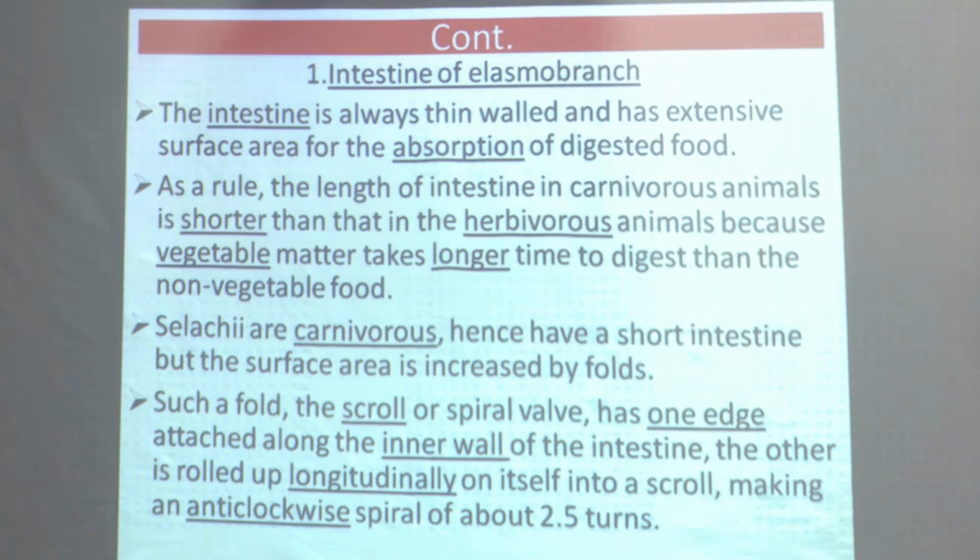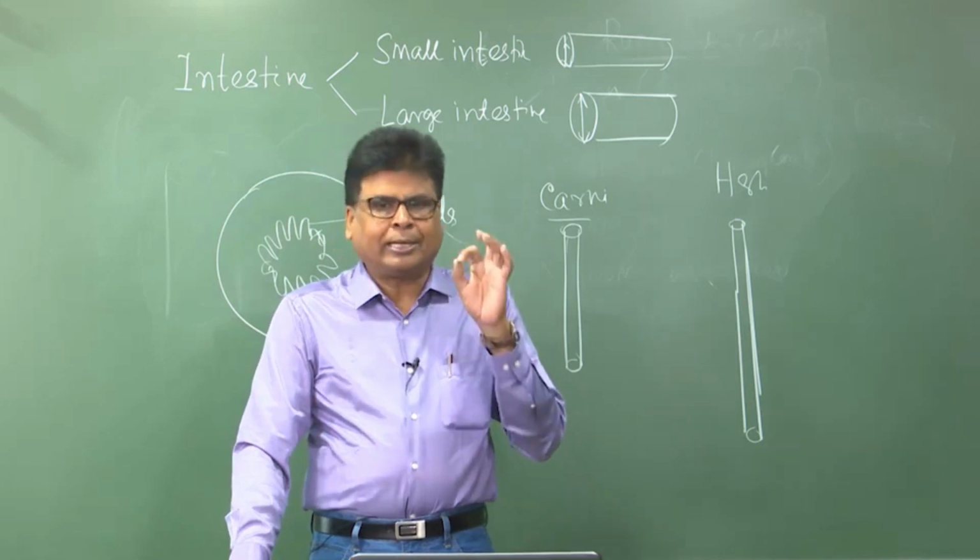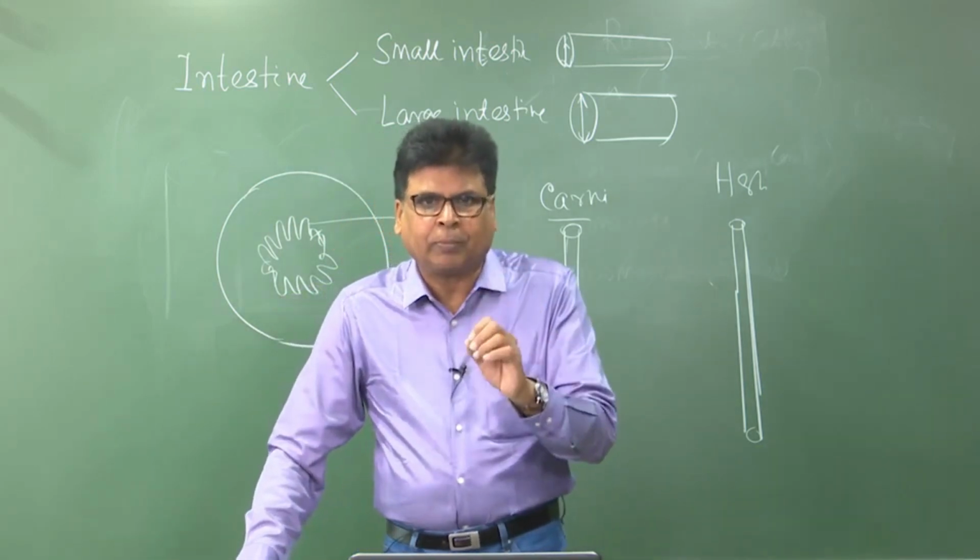Such a fold, known as a scroll or spiral valve, has one side attached along the inner wall of the intestine, and the other is rolled up longitudinally on itself into a scroll, making an anti-clockwise spiral of about 2.5 turns.